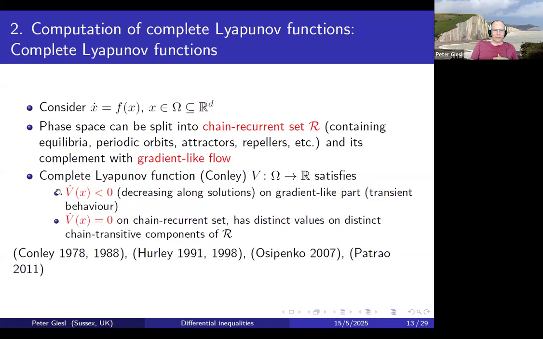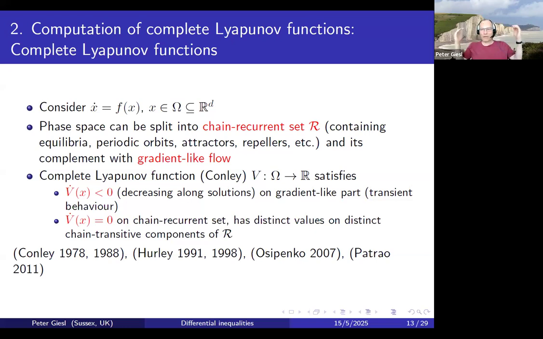The orbital derivative V dot is the derivative along solutions. So the part where V is decreasing along solutions is precisely the gradient-like part, or the transient behavior where you go through. And where V dot is zero, so V is constant along solutions, that will characterize the chain recurrent set, and the different values of V give you different chain transitive components.